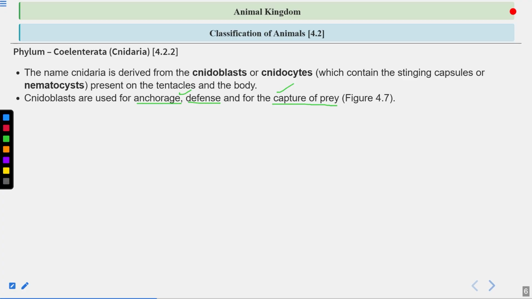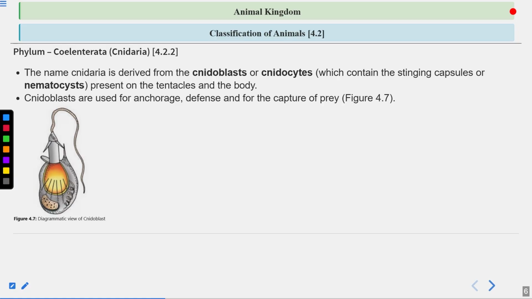Let us see the figure. This is the cnidoblast cell, and this is the sting of it. Earlier, when the sting is not out, it is folded and present in this capsule-like structure.